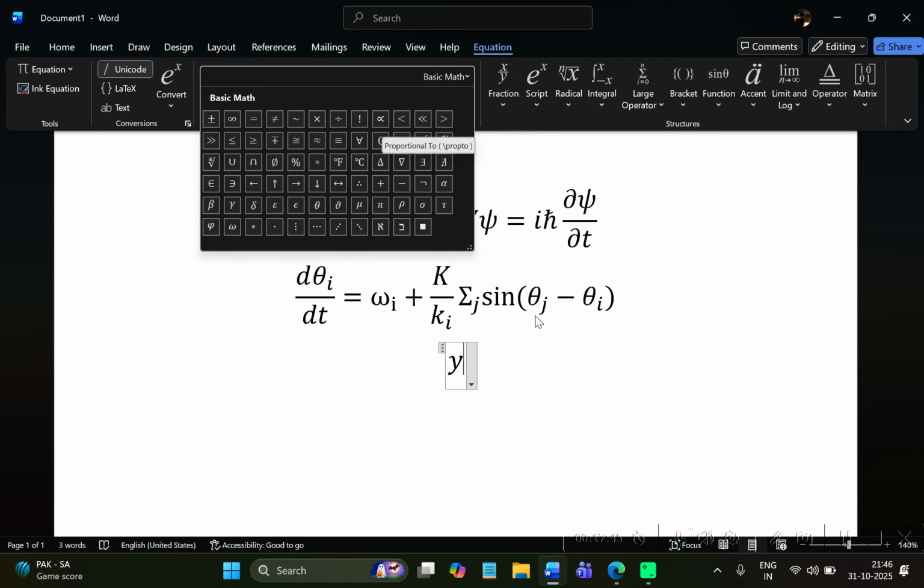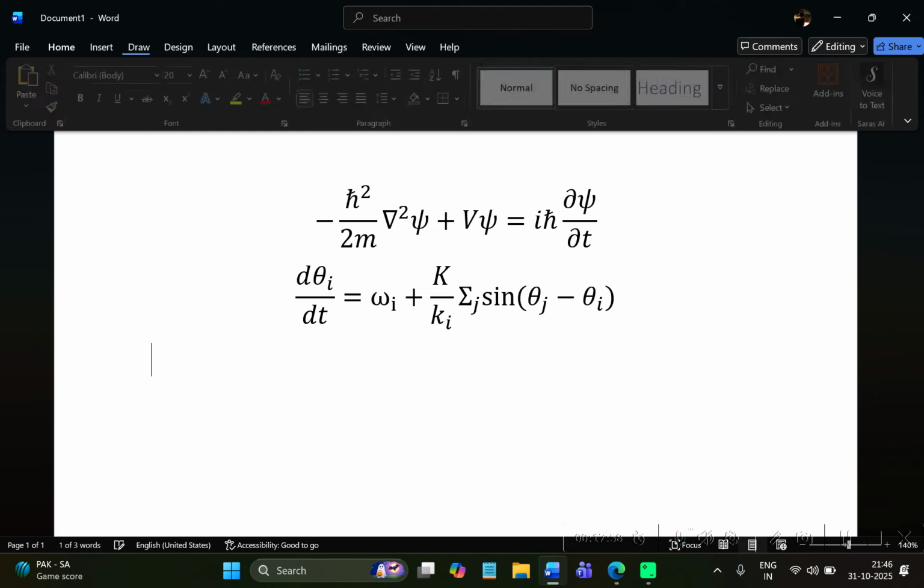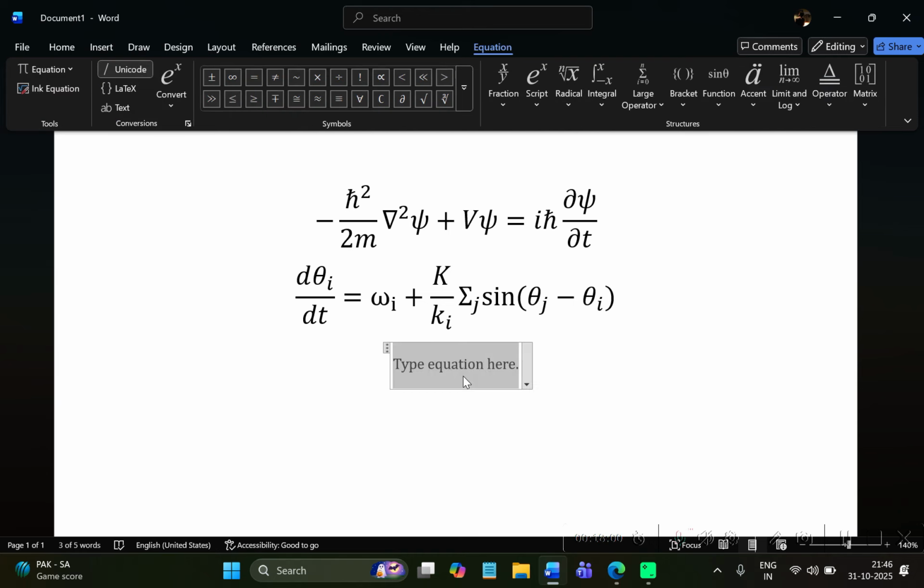What you can do is just type backslash propto. Oh, I was using the front slash. So y backslash propto x. This means y is proportional to x.